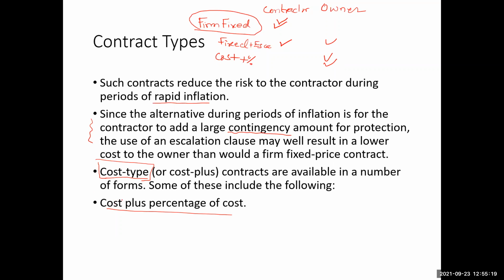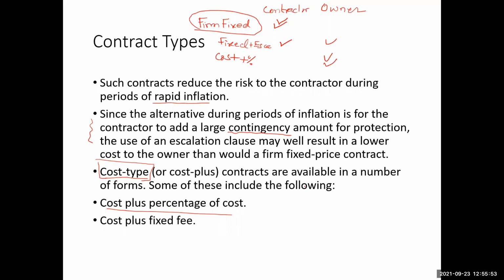The contractor will say the cost on the project should be higher and higher, because if the cost is higher, he will get a higher amount of profit, since his profit is based on the percentage of the cost. Therefore, the owner takes all the risk. These types of contracts are maybe not very suitable for the owner, as the owner may need to pay a high amount.